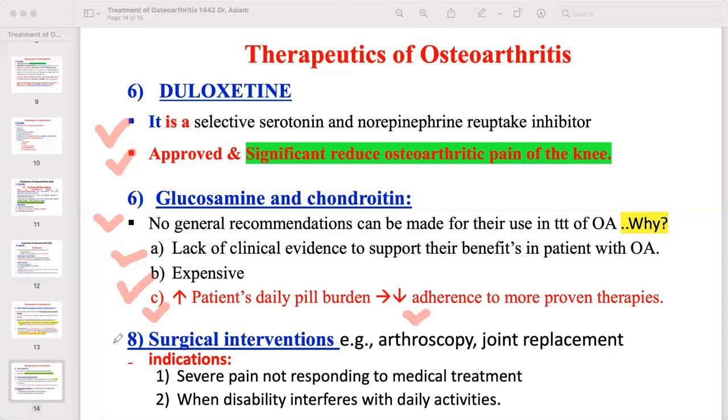Last therapy in the treatment of osteoarthritis includes surgical interventions.